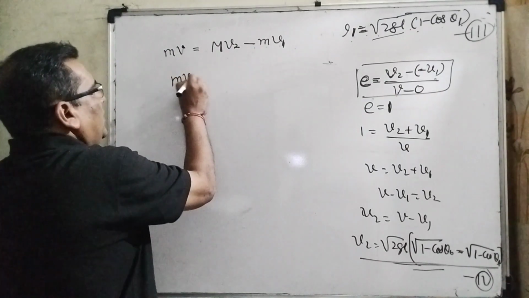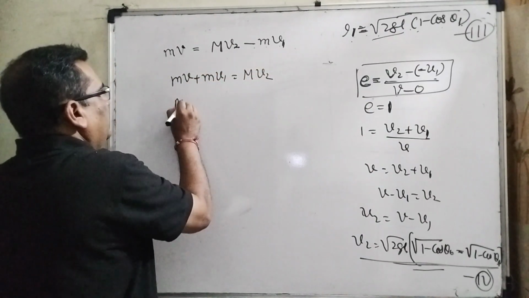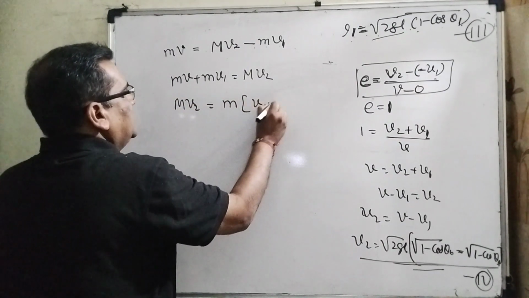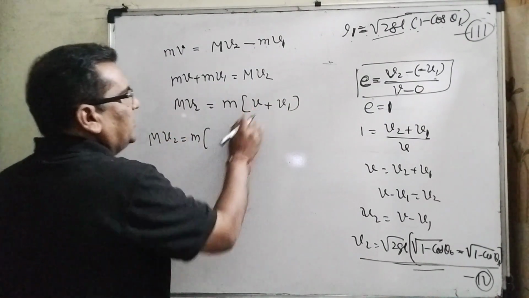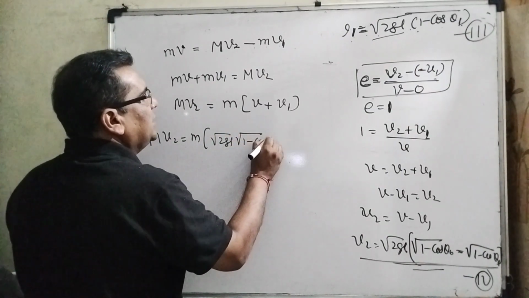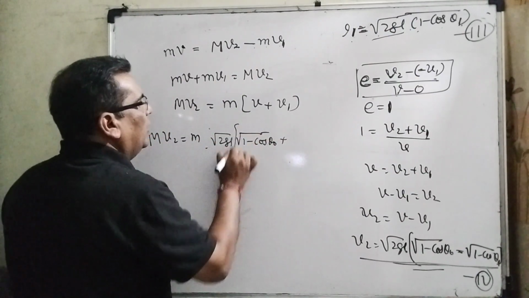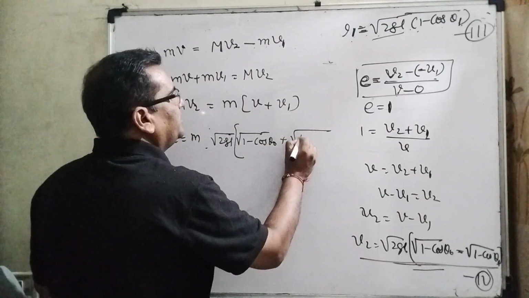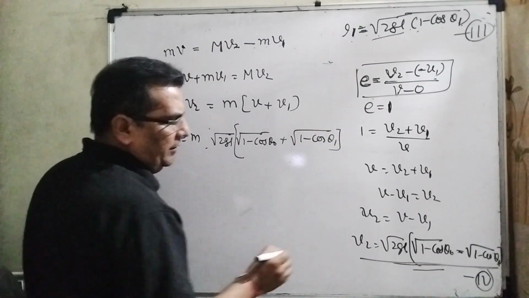Here mv plus mv1 equals capital M v2, or it can be written as capital M v2 equals m into bracket v plus v1. Now again substitute this value. What is v? Root 2gL into bracket 1 minus cos theta naught plus, here 2gL is already common because this term comes in both v and v1, so 1 minus cos theta 1. This is equation number 5.